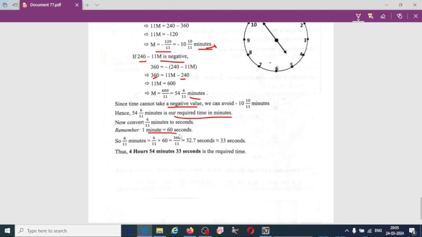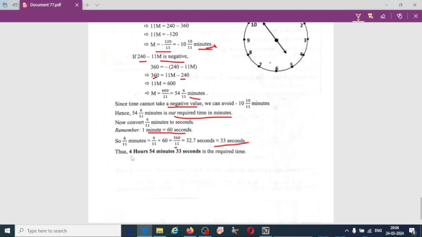So 1 minute is 60 seconds. 6 by 11, 6 divided by 11 into 60, that is how much, 33 seconds. So you should know to convert this ratio 6 by 11, you should multiply with 60, because in 1 minute there are 60 seconds. 6 divided by 11 into 60, 360 by 11, 32 point something, nothing but 33 seconds.